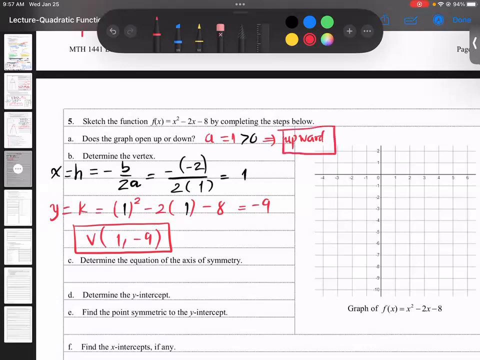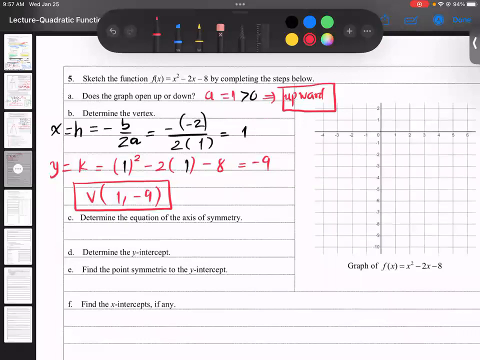Someone tell me the equation of the symmetry. Complete your answer. x equals 1, yeah. x equals 1.